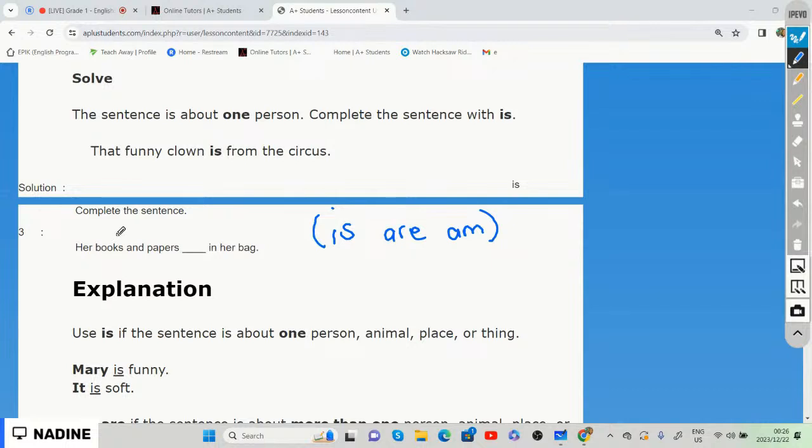It says her books and papers. Do we say is in her bag, are in a bag, or am in a bag?